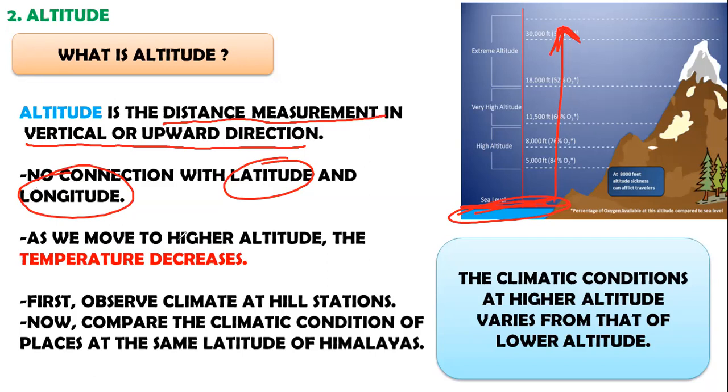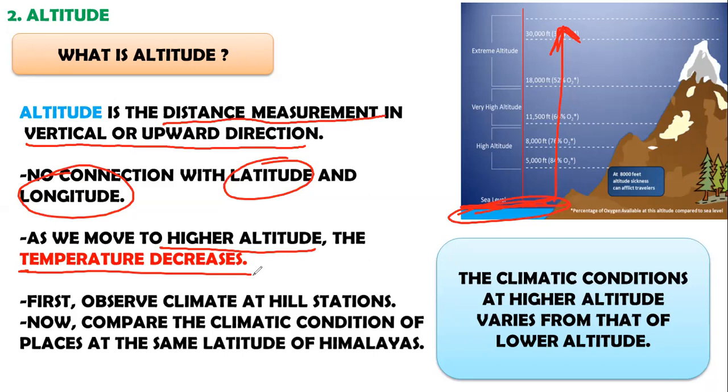Now, as we move to higher altitude, the temperature decreases. As we climb higher, the temperature decreases. Now, why is that so? Because the most amount of air mass is present near ground, near the surface. And because that air has carbon dioxide, it captures the heat and it makes the ground even hotter.